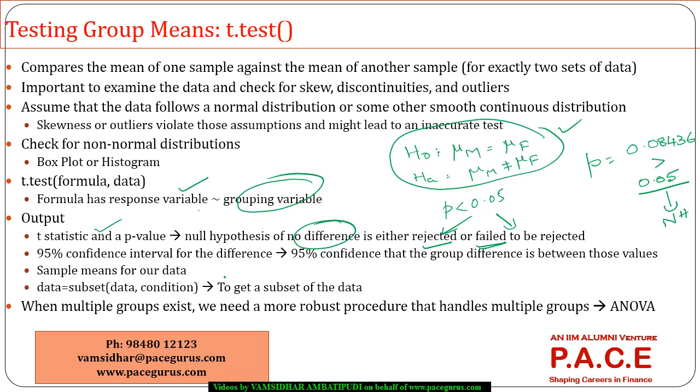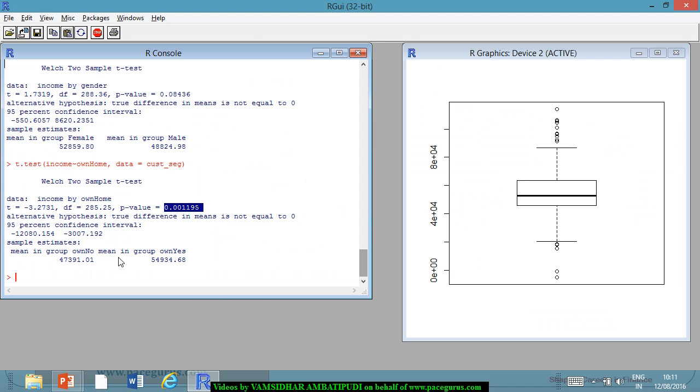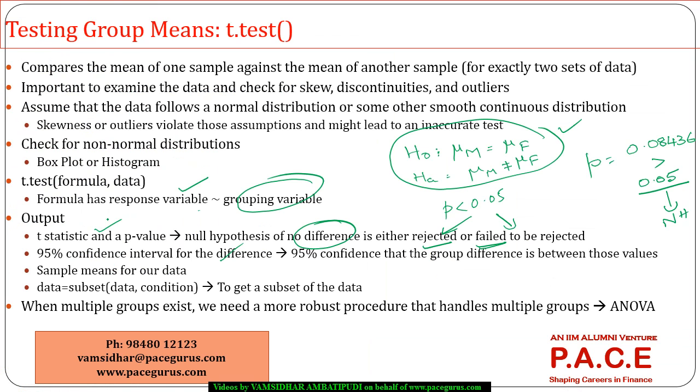Then I'll also be looking at the 95% confidence interval of the difference. The difference between the two means can be anywhere between minus 12,000 to minus 3,000. So that's the level of difference that can exist in the means of both groups. If the interval contains a 0, then I will not reject the null hypothesis.